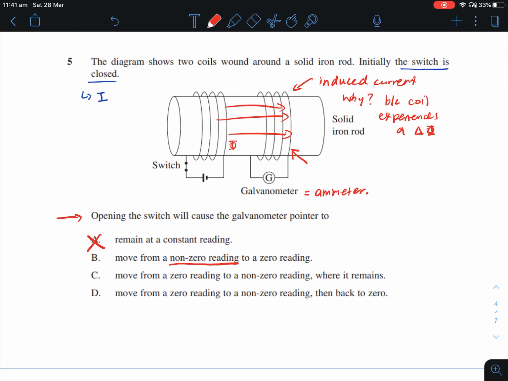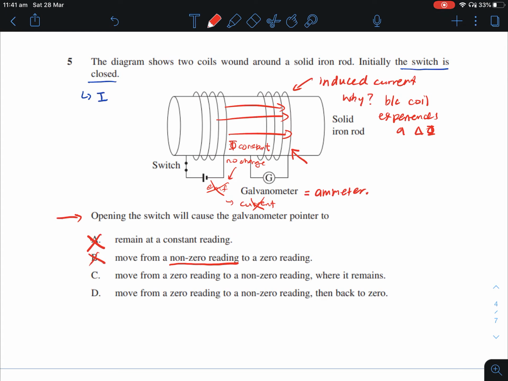There's no change, in other words. If there's no change, that means there's no EMF, which means there's no induced current. So it can't be a non-zero reading in the beginning, and so it can't be B.